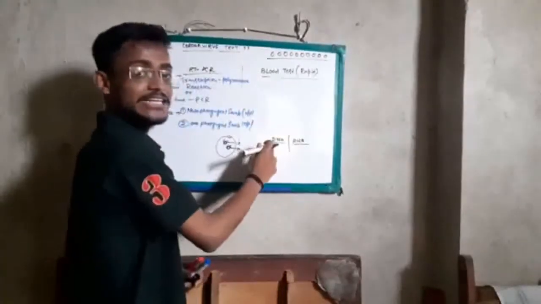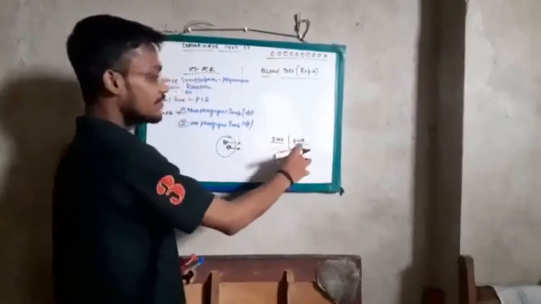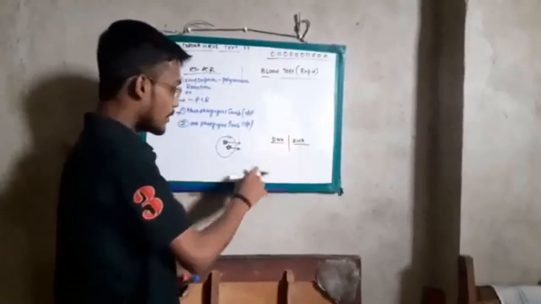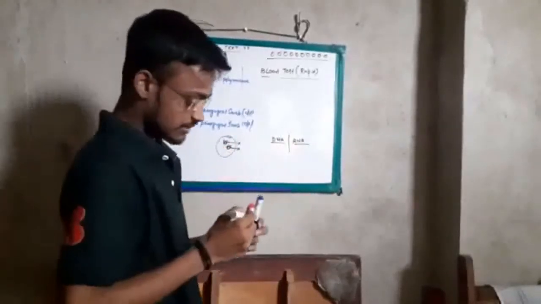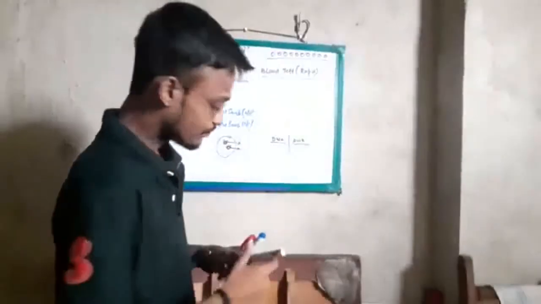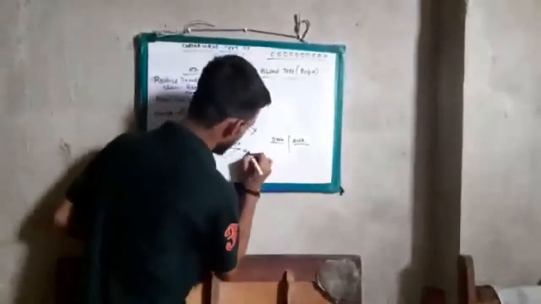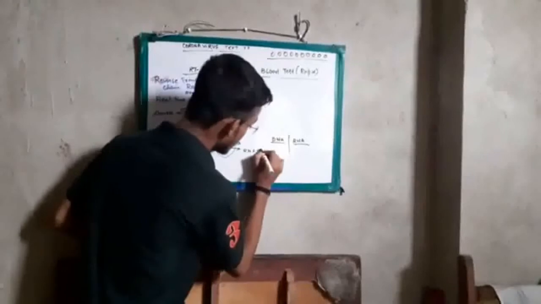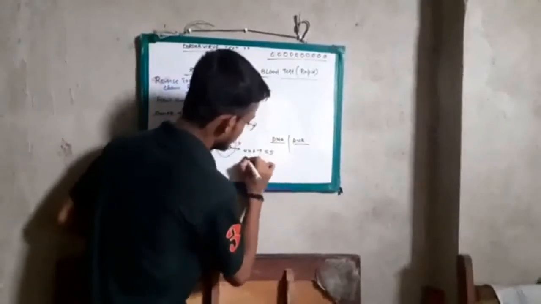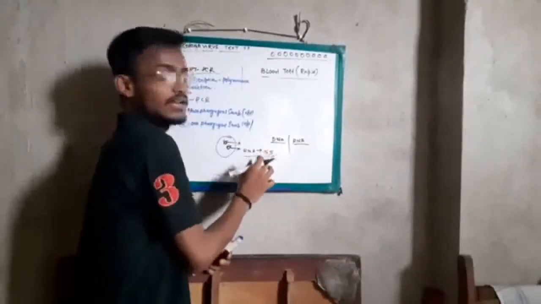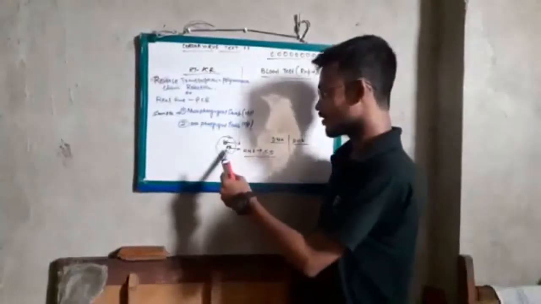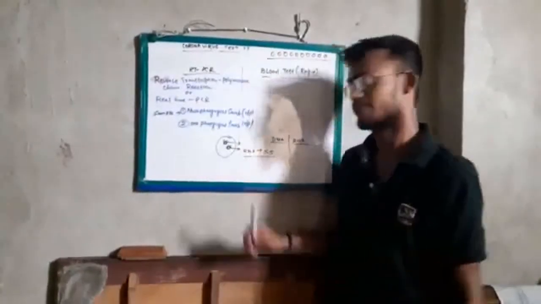DNA means deoxyribonucleic acid, RNA means ribonucleic acid. This coronavirus has a genetic material known as RNA. This is an RNA virus, positive single strand. So the coronavirus is an RNA virus.